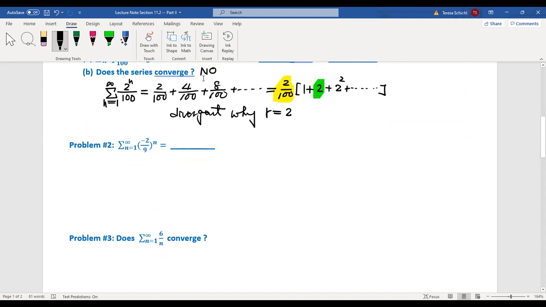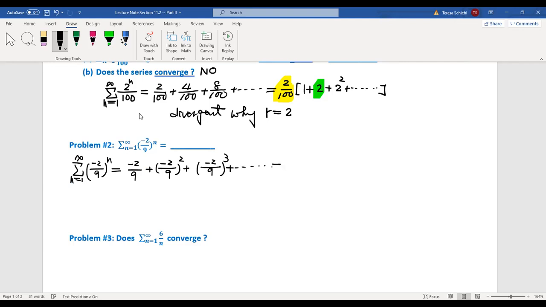For problem number 2, we want to find the summation of this one here. Let's try to write it into a few terms and see what the numbers look like. For n equal to 1, this will be -2/9 to the n, then plus n equal to 2, so you will have (-2/9) squared, and then plus (-2/9) cubed, and so on.